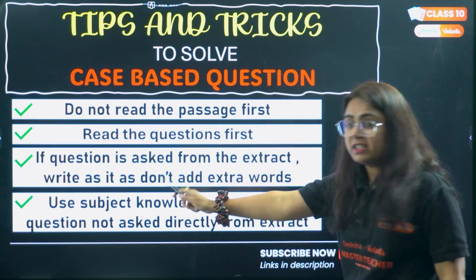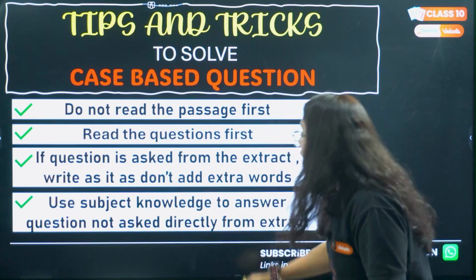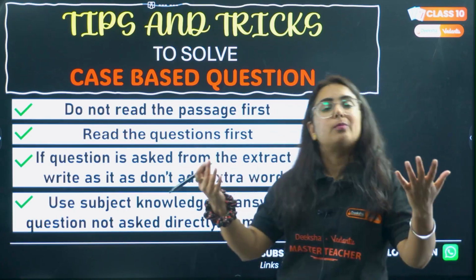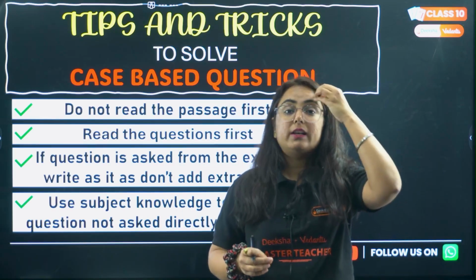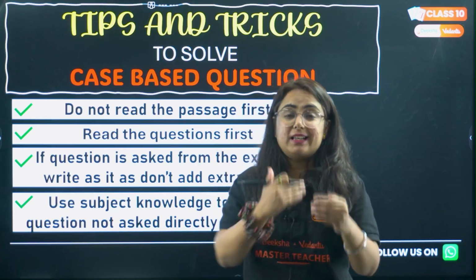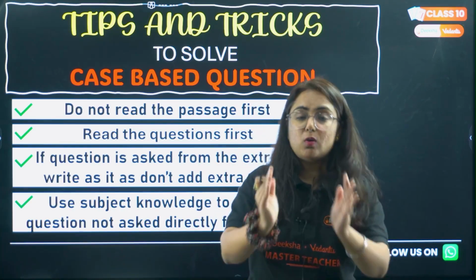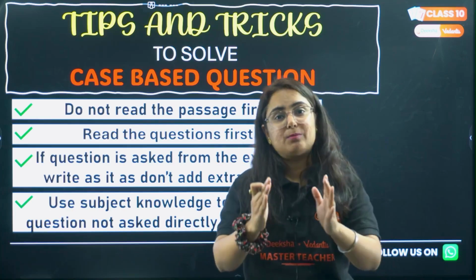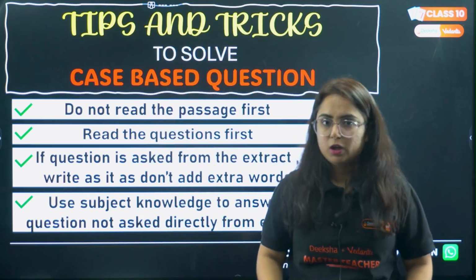And the last tip is to use subject knowledge to answer questions not asked directly from the extract. There might be times when questions are not directly asked from the extract, they are just of general knowledge, okay? They are basically checking your compatibility towards your subject. So you need to answer it according to your subject knowledge, nothing from the visionary world. Got my point?